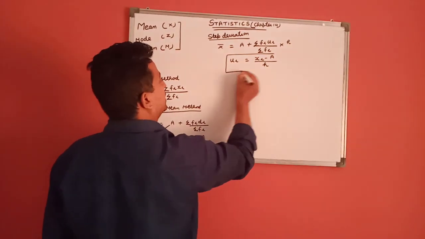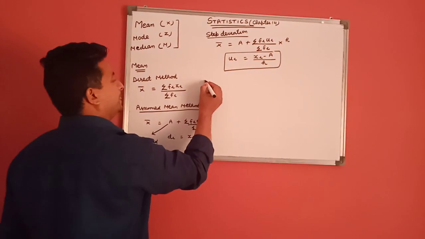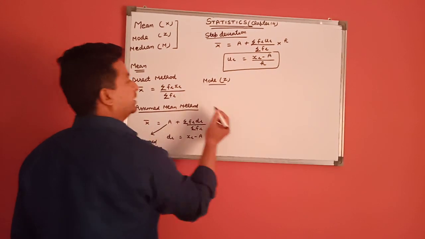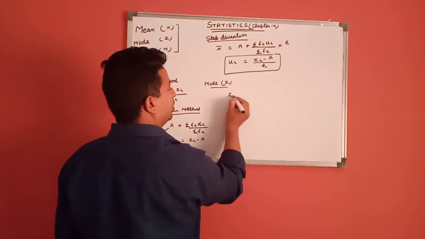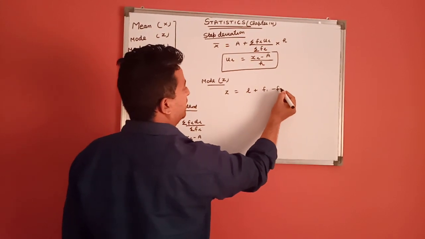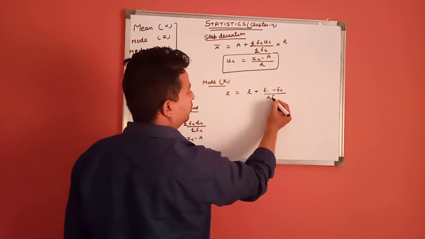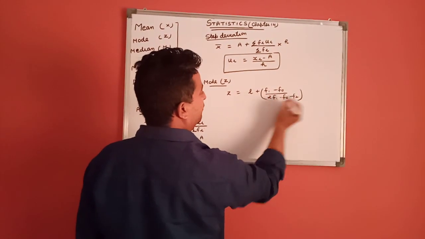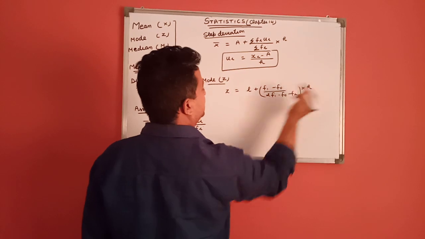This is the step deviation. For finding mode we use a simple formula: mode is equal to L plus f1 minus f0 upon 2f1 minus f0 minus f2, multiplied by h.